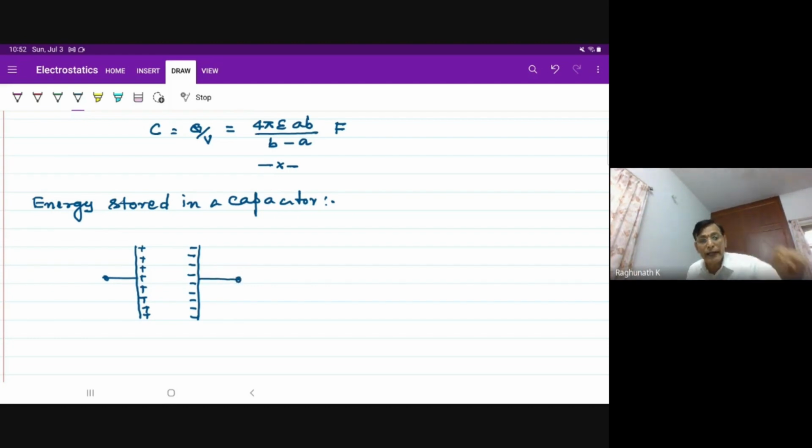Earlier, I would have connected a source of EMF, a voltage source, to charge it. The charge on the plates of the capacitor is Q, and the potential difference between the plates of this capacitor is V. Maybe if it is charged by using a DC voltage source of voltage V, at steady state, this is the case. We are going to see it in transients.